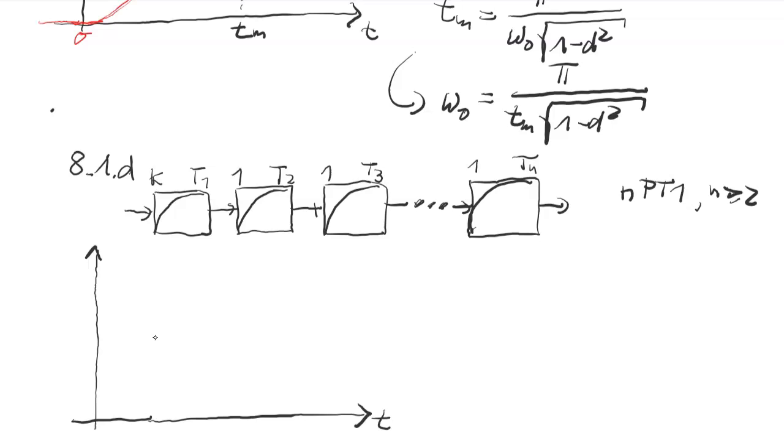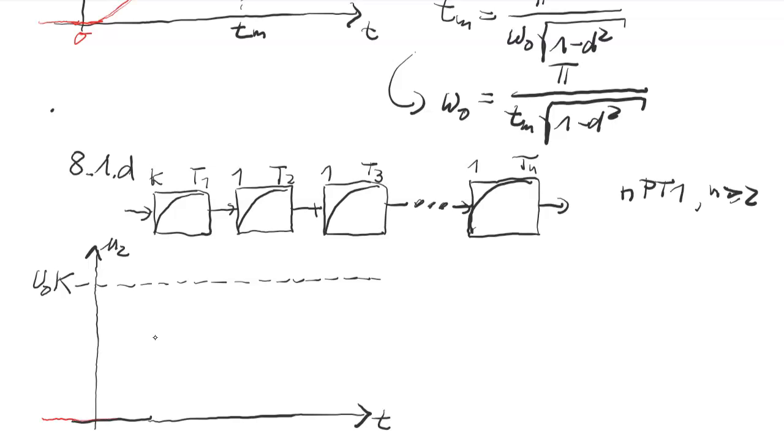Okay, so far, the step response of an n-PT1 block has a final value. This final value is U sub O times K, and the curve itself has the following form.